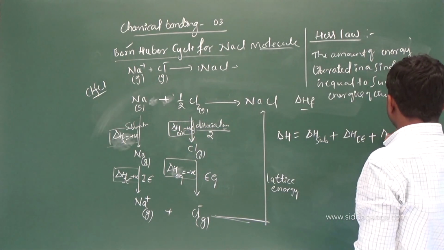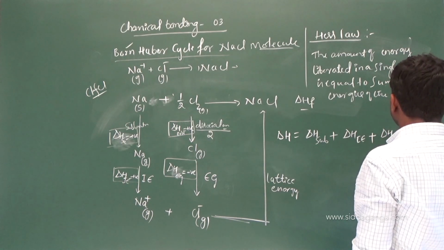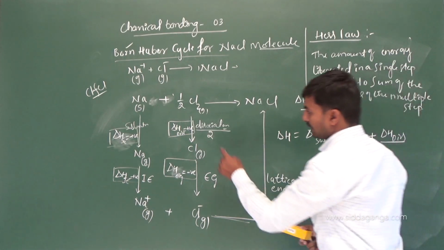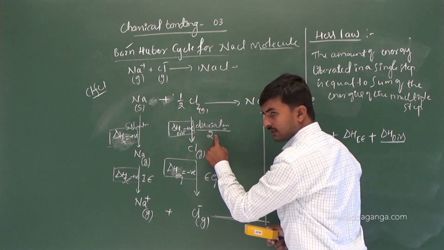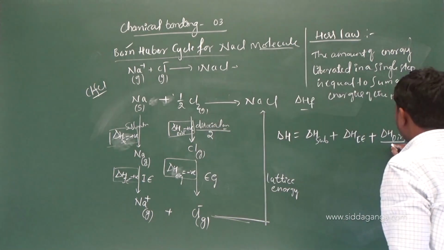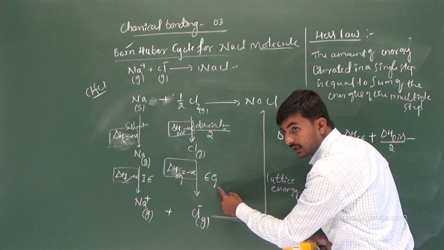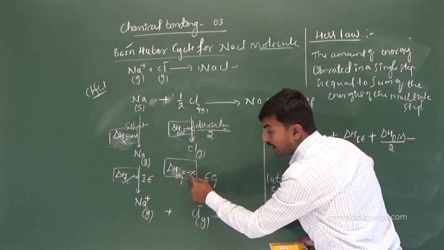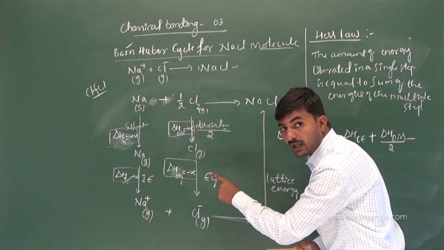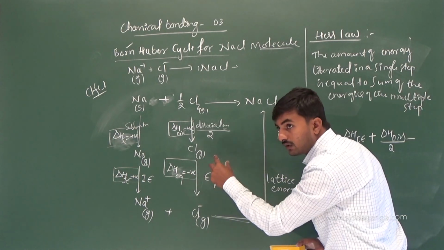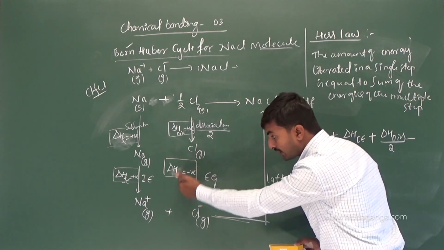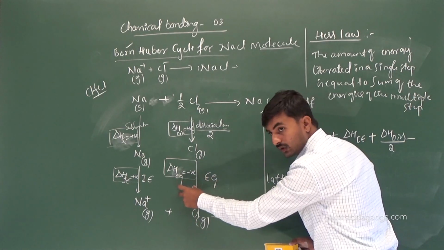Third, it is delta H dissociation energy, but this dissociation energy is divided by 2, followed by electron gain enthalpy, whose sign is negative because it is an exothermic reaction. After the addition of an electron, energy is released.